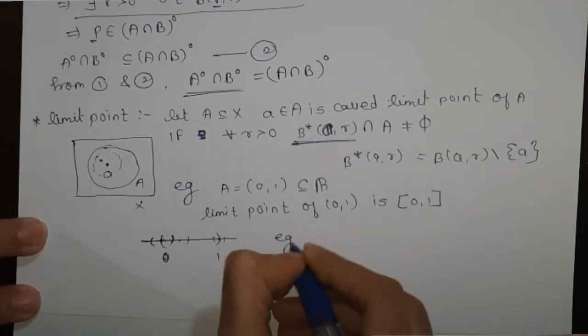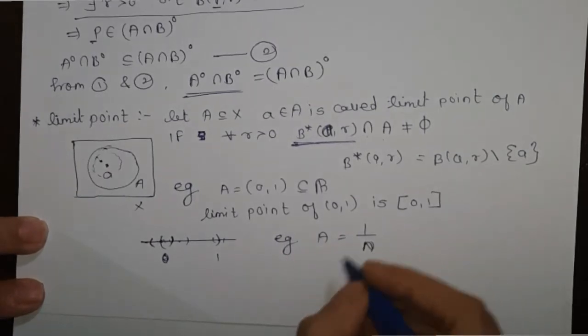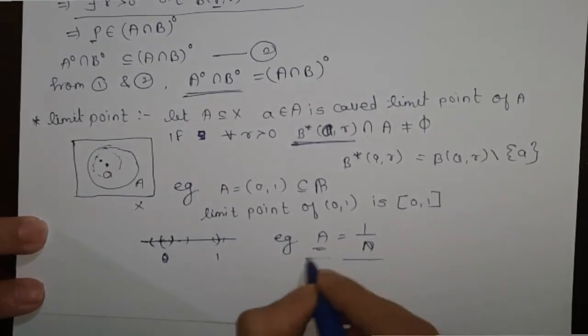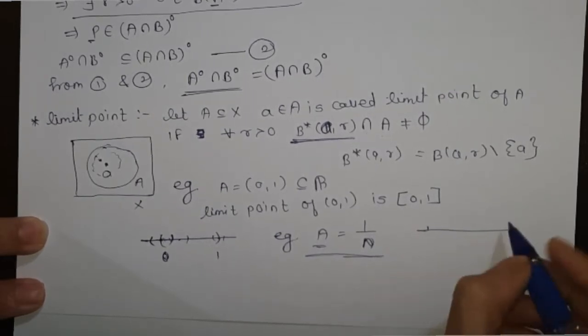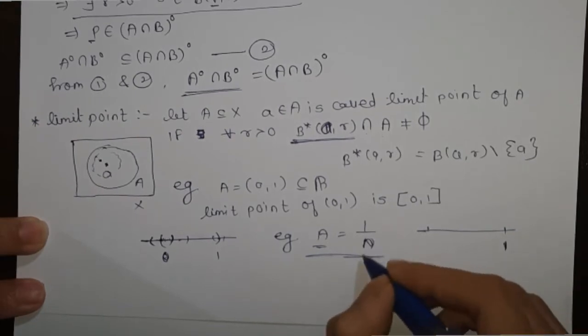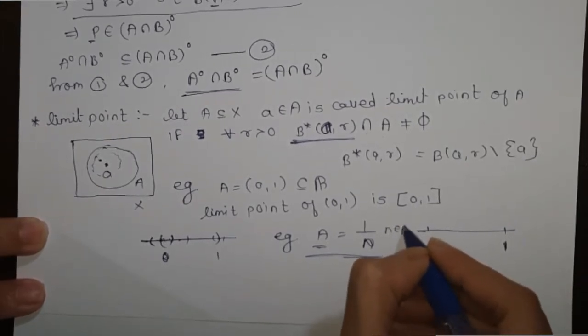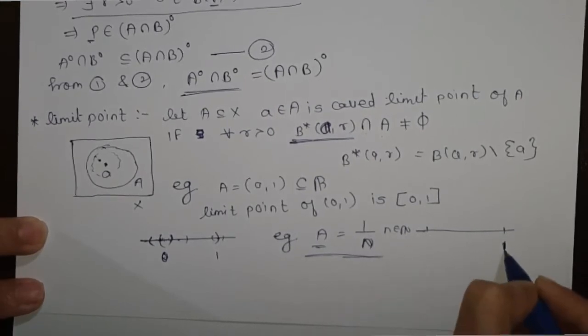Similarly, A is equal to {1/n}. Then what is the limit point of this set? This is the real line, and n is from the natural numbers, so 1 upon 1 is 1.